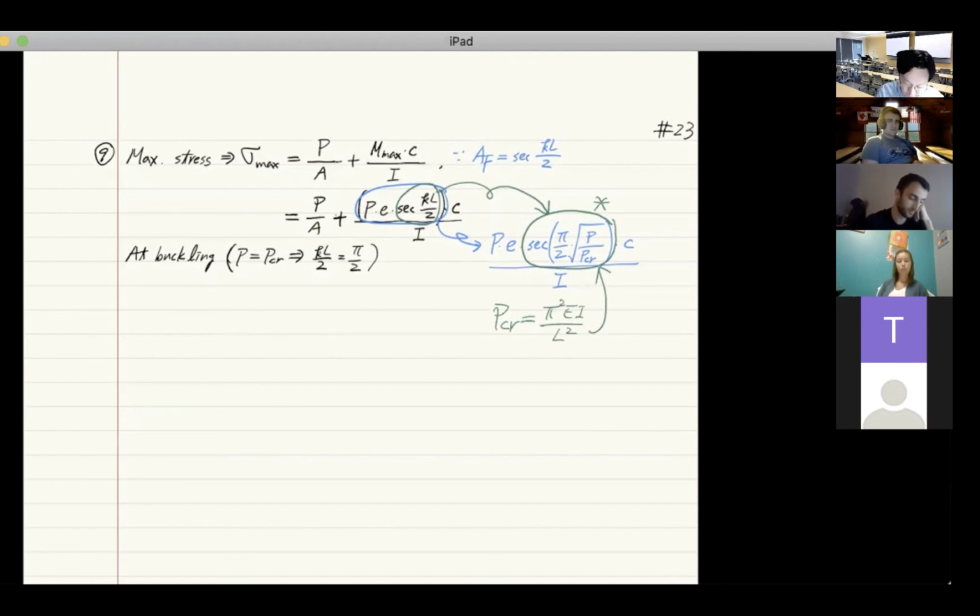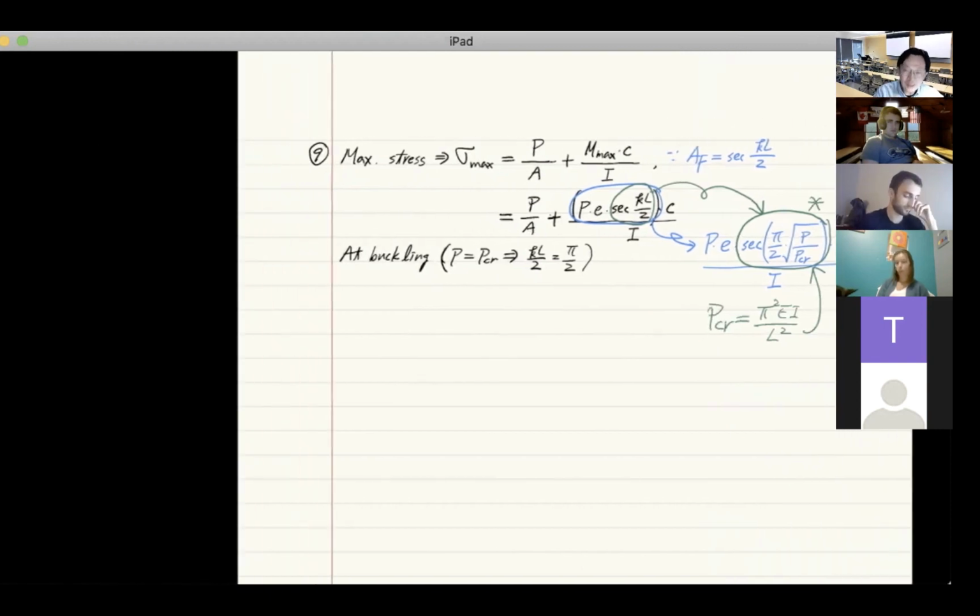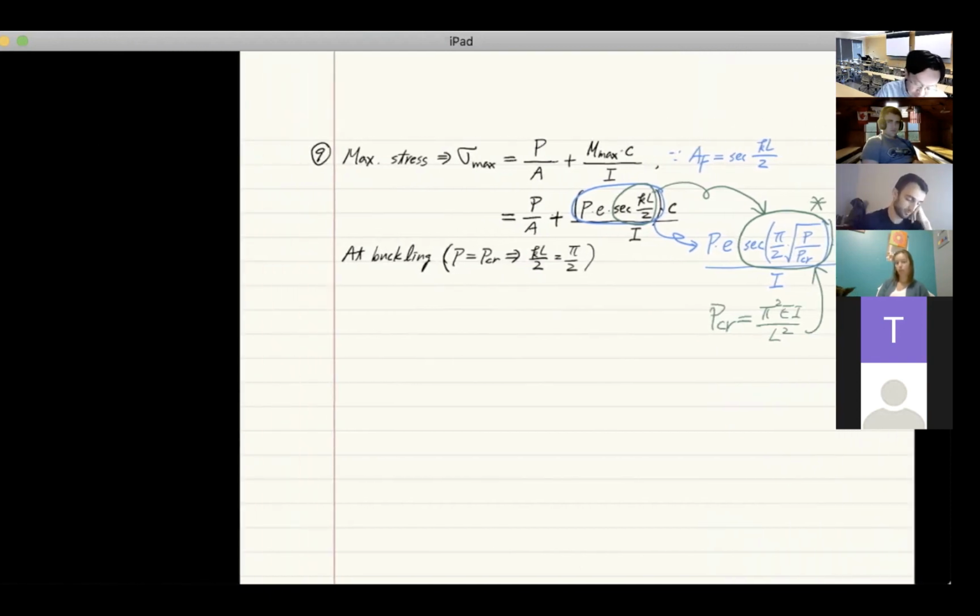So this is the first one you need. And the second one you need is to remember that P and k are always related. Also keep in mind that PCR is not P. When PCR, the critical load, equals P, that corresponds to only one instant, which is at buckling.